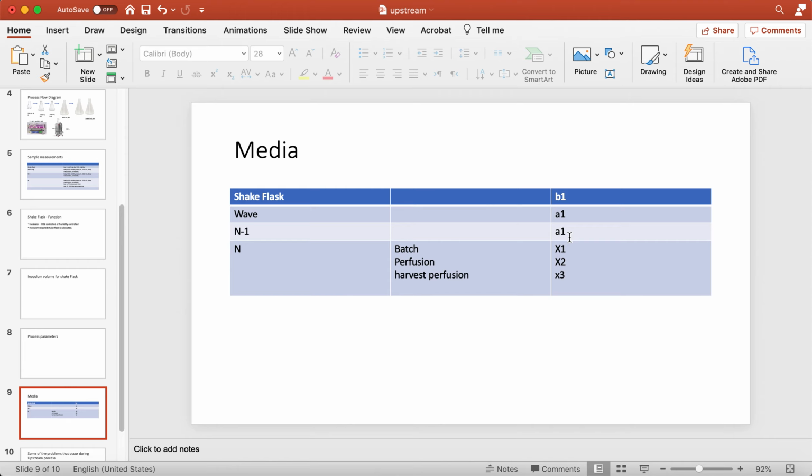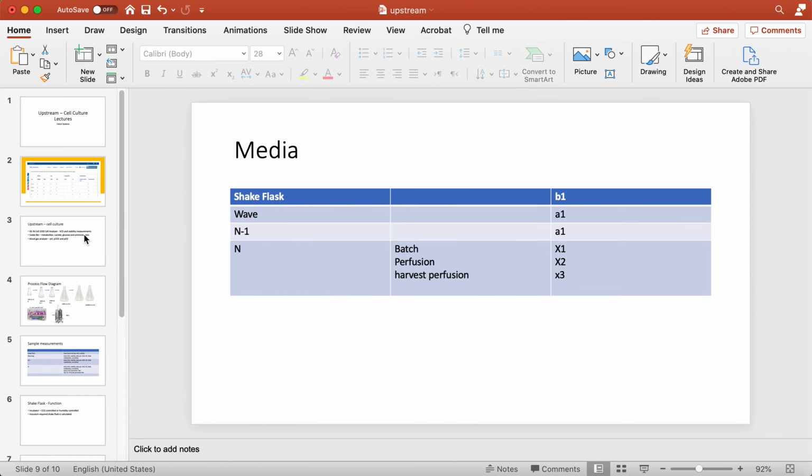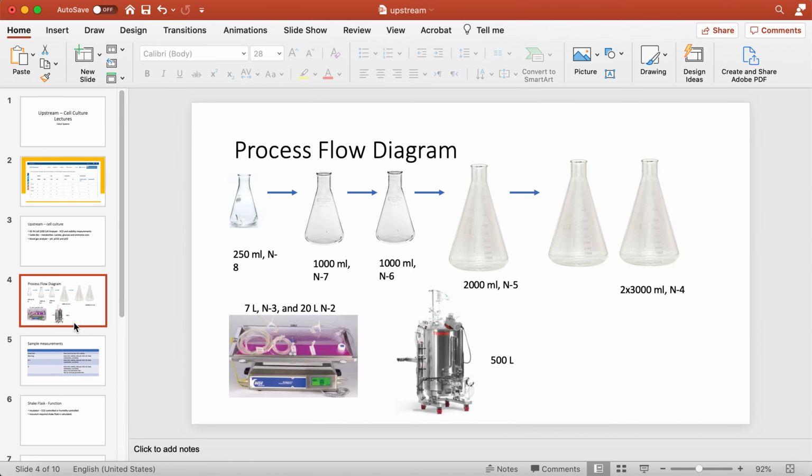The purpose of the shake flask is to provide sufficient cell mass that can be inoculated to the next stage, and that is required to meet target seed density. Media warming is usually done in a water bath, but in some cases it can also be performed in incubators.